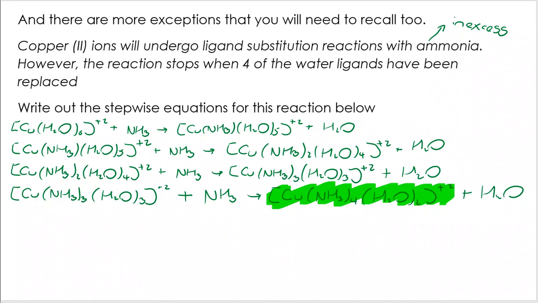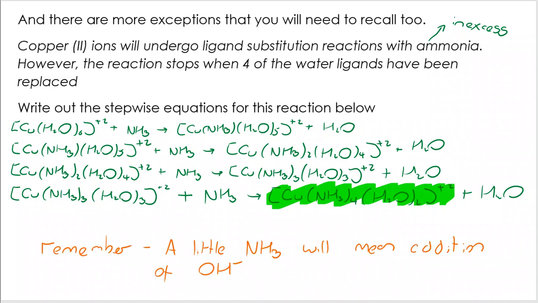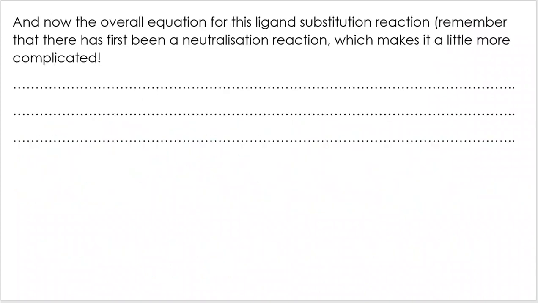Simply a fact. But also you need to remember that had you been asked to add a small amount of ammonia, we would have actually done that reaction by adding OH- because we would be looking at an acid-base reaction. Now let's complicate this a little bit more. What would the overall equation be?